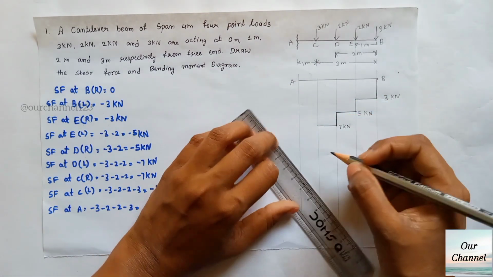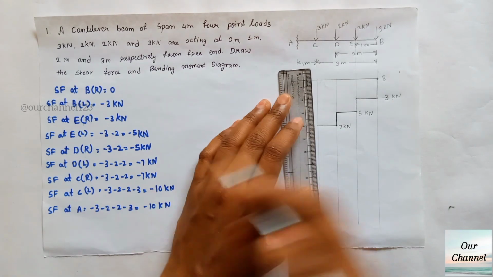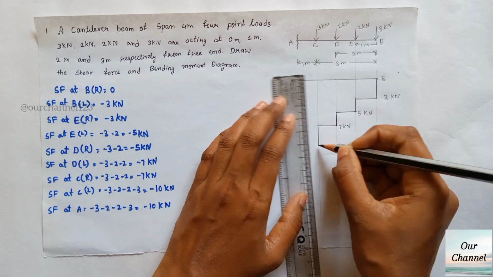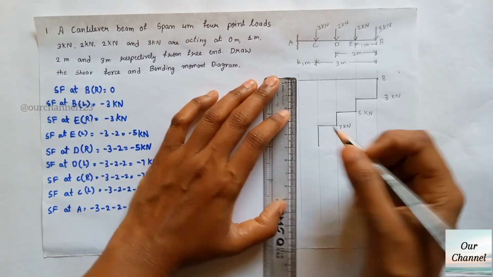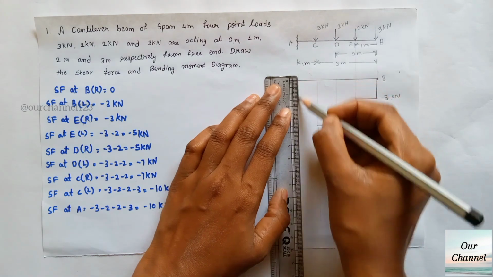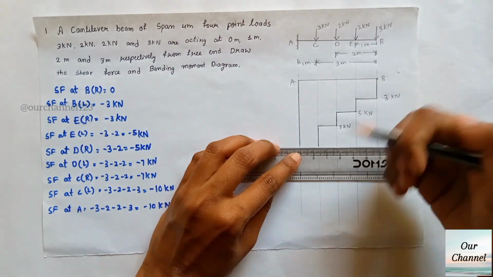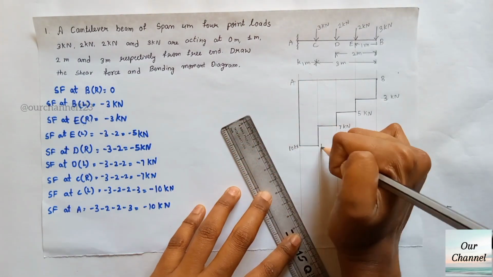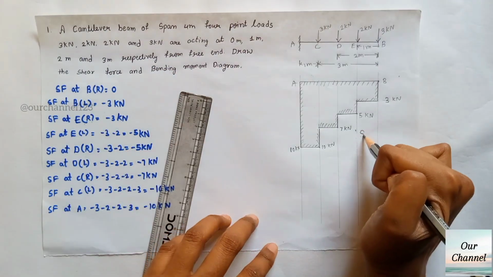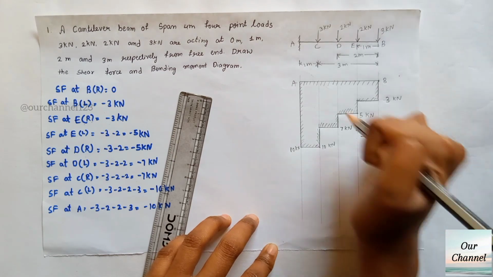Same at C point, we are having 7 kilonewton and 10 kilonewton. Draw a point as 7 kilonewton and one more as 10 kilonewton. Next, at A point also 10 kilonewton. Draw a line. This is our shear force diagram.